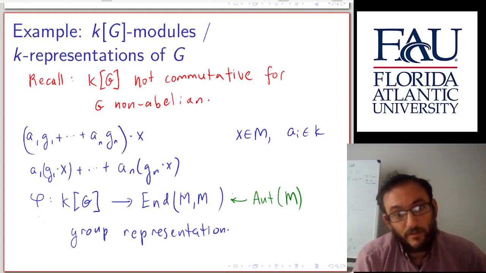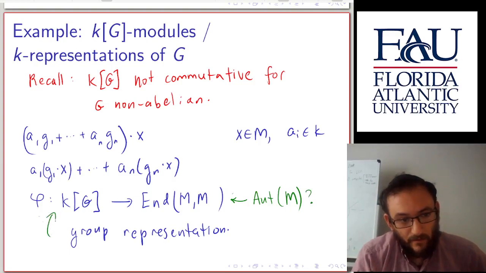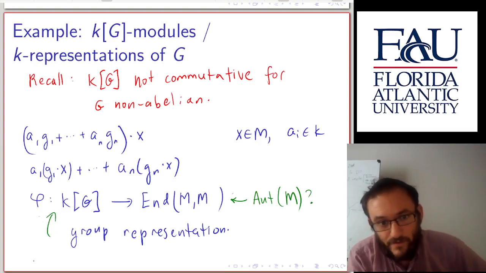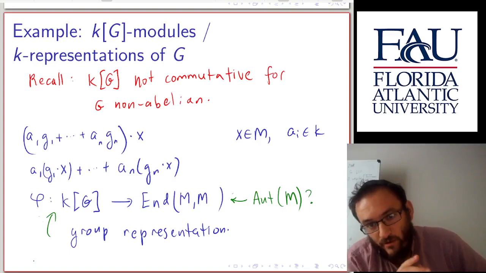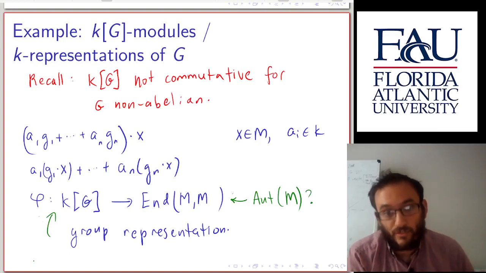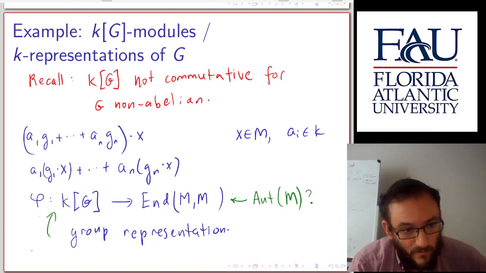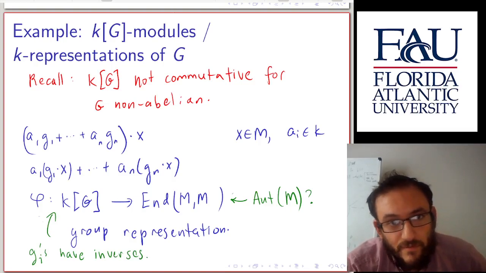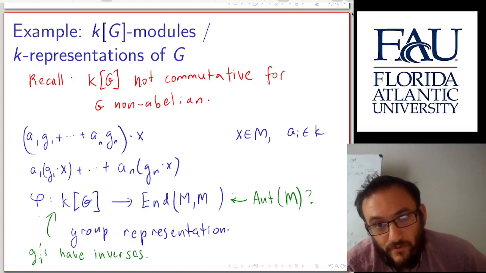And that's true, but because every group element also has an inverse, at least those generators will be mapped to automorphisms, and that will determine the rest of the homomorphism. Okay, so those are some examples of modules over various rings.